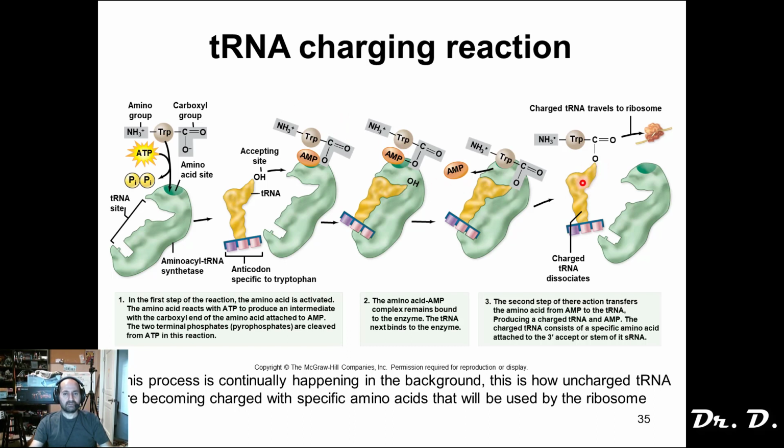So look, now you have the tRNA with tryptophan attached. This is called a charged tRNA, which means the tRNA has an amino acid preloaded. And guess what? This tRNA is now ready to be used by the ribosome as a printer cartridge.